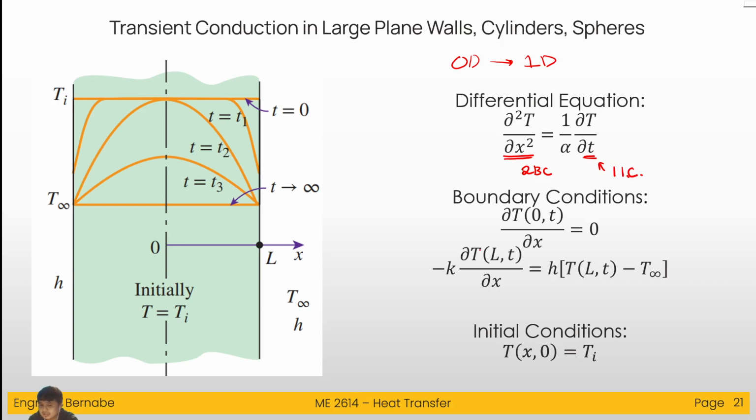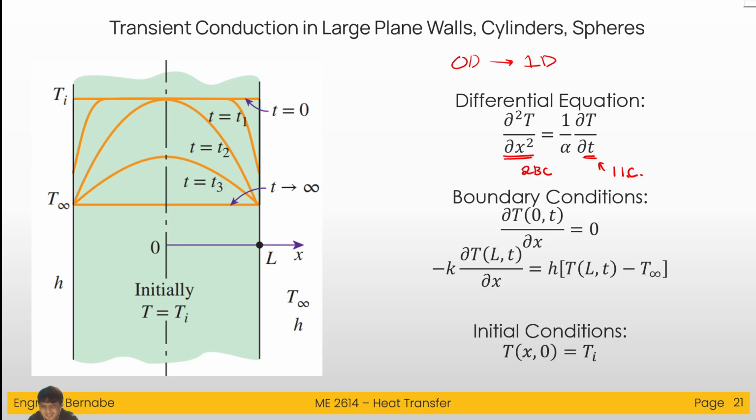That's why we need two boundary conditions and one initial condition to solve the differential equation. You first solve the general solution, and then you substitute the boundary conditions, and then you already have an equation that represents this heat transfer of transient conduction in one dimension.